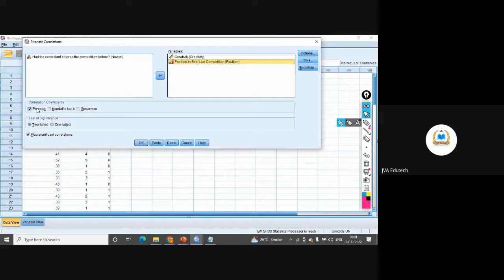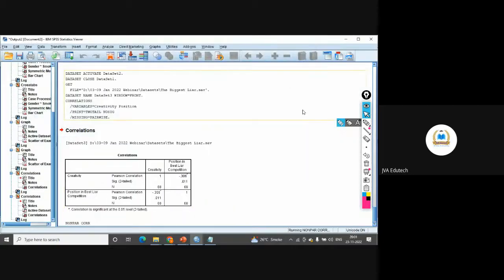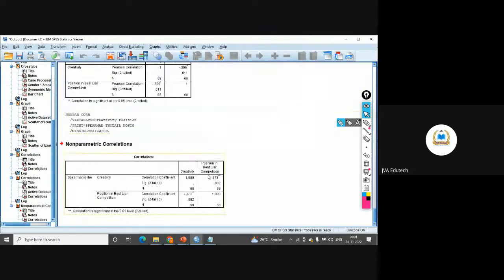And rather than Pearson, you have to select Spearman. What is the relationship between them? So it is negative, negative 0.373. What does this mean?